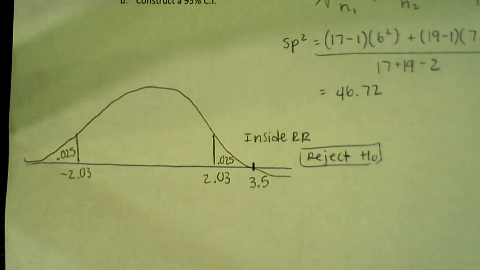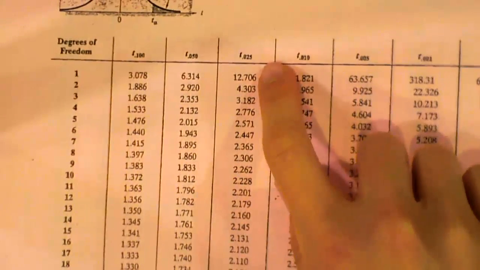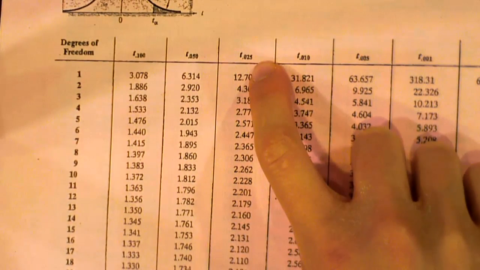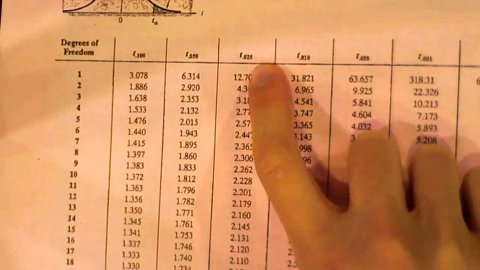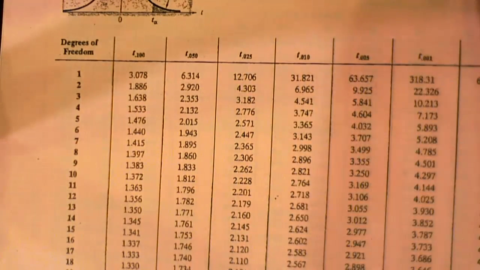If you go on your t-tables, we have our degrees of freedom. If we look right here, this is the tail that we're looking at, because we had to split the 0.05 onto the two sides. It's a two-tail test.